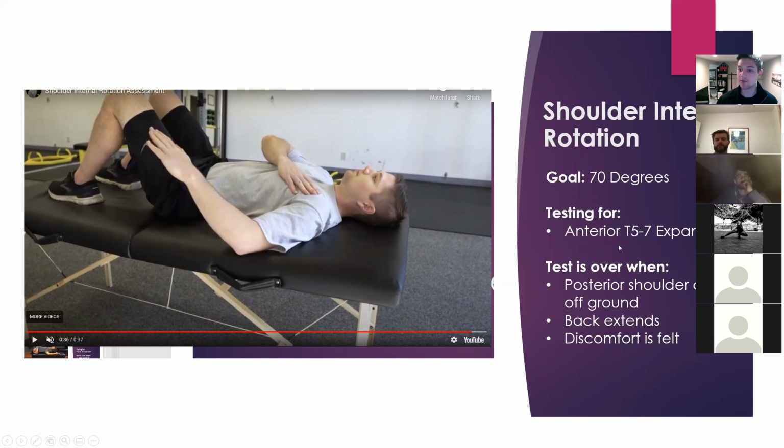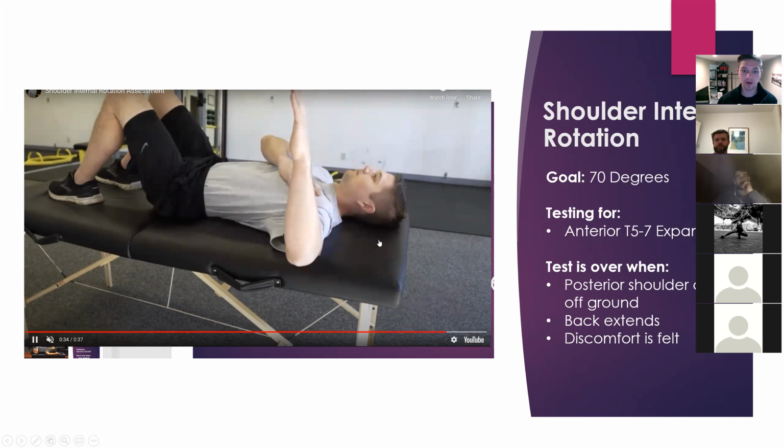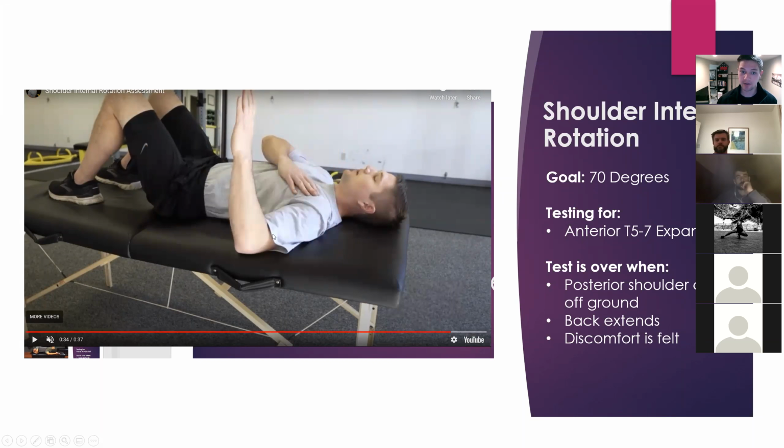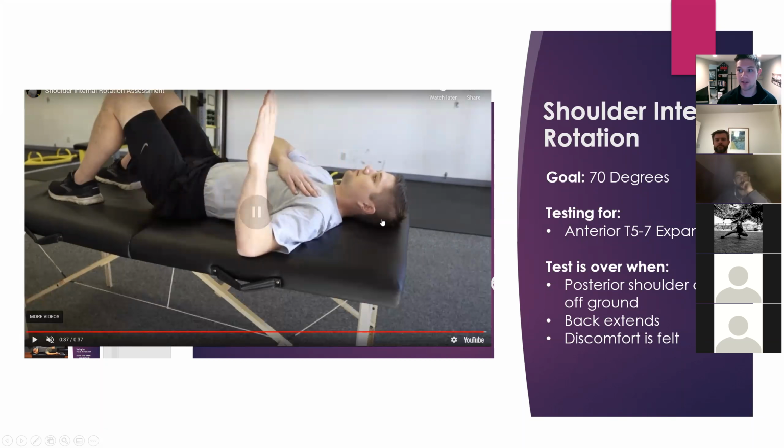So this is testing for that anterior T5 to T7 expansion. Some other things you might see here is their back will arch in an attempt to get that shoulder down, or discomfort is felt. Now, something happened in this video that I wanted to show you guys. If you start too low, this might look okay to a lot of people, but that's too low and it's so easy to get that range of motion.